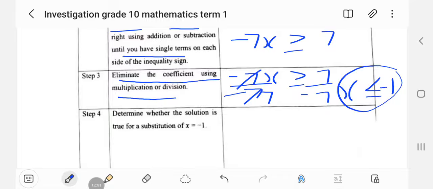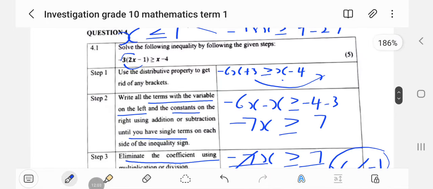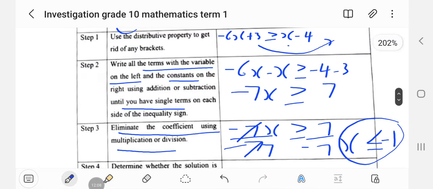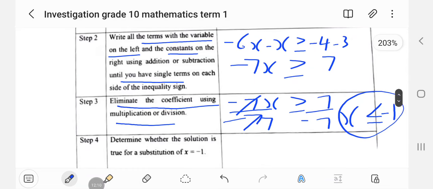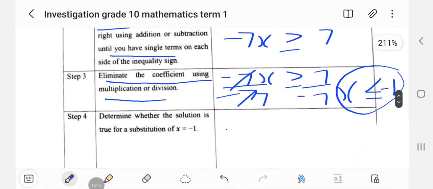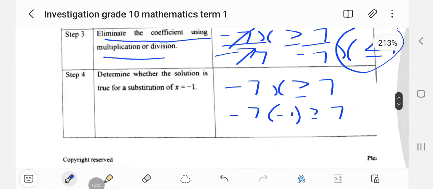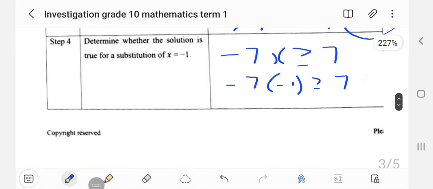Let's go back to the equation and substitute. I'm going to use minus 7x greater or equal to 7, put minus 1 there, and see if I get the same answer on the left and right.